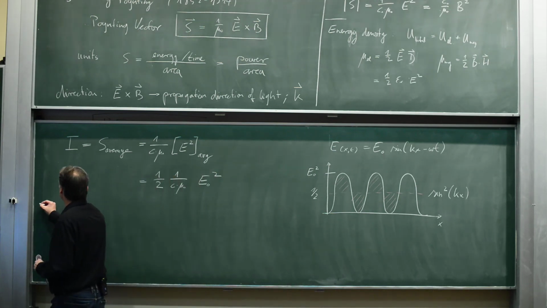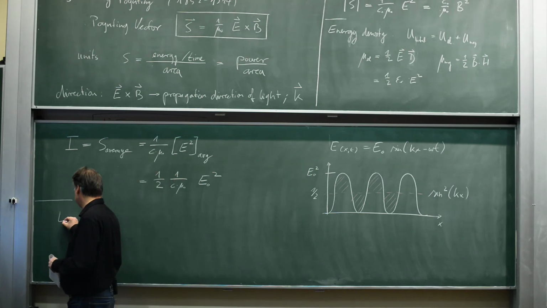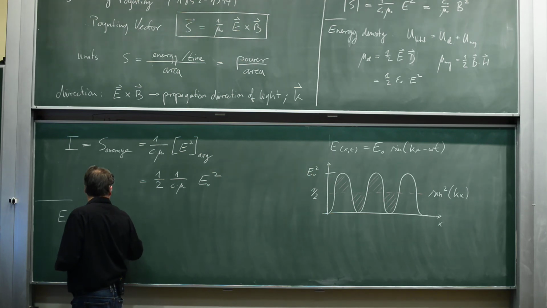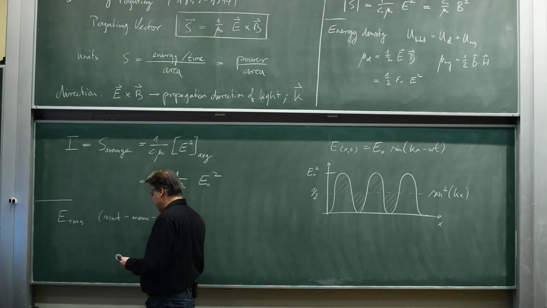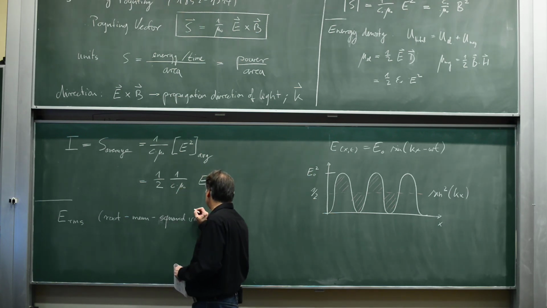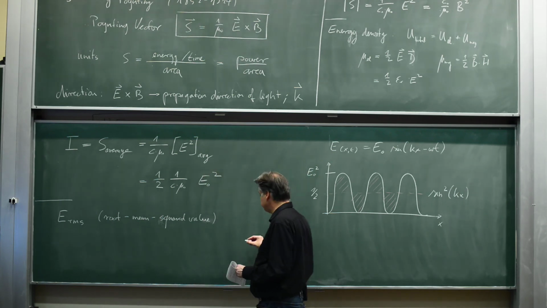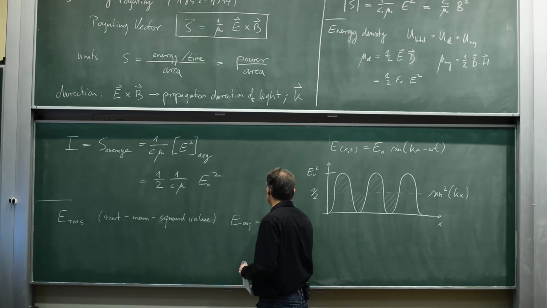Other approach to the same expression is you take the RMS. That's the root mean squared value for the average. And here that's E naught divided by square root of 2.